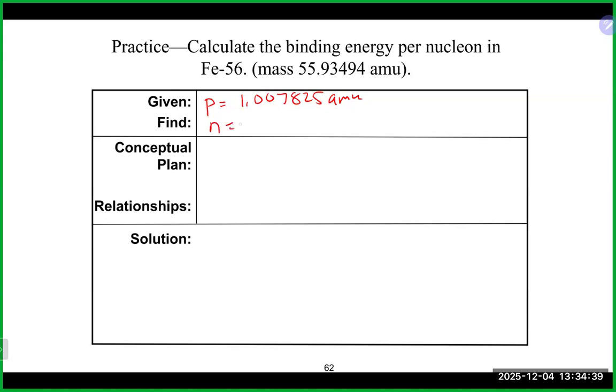Our neutron is 1.008665. And why don't we do it for both types of units? Let's do joules per nucleon, and we'll do mega electron volts per nucleon as well. All right, so take a few moments, work it out, see what you come up with.